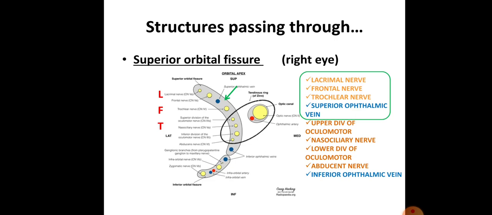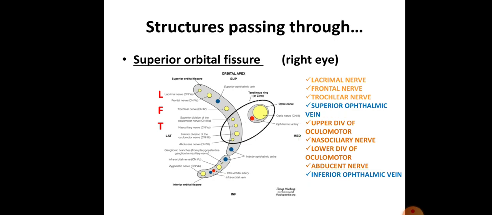It also transmits one vein, the superior ophthalmic vein. The middle compartment transmits only nerves, which are the 3rd nerve, 6th nerve and nasociliary nerve. The 3rd nerve has an upper division and a lower division. So the intermediate compartment transmits the upper and lower divisions of the oculomotor nerve, the nasociliary nerve and the abducens nerve.